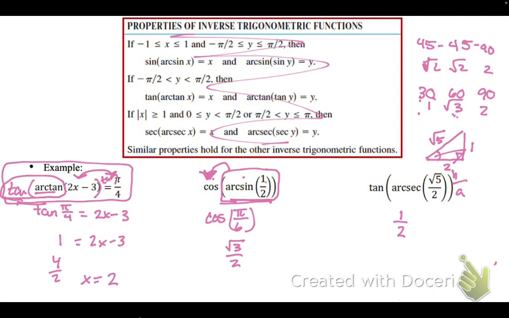The third one, I didn't know it, so I drew a triangle and then found the tangent of that angle.